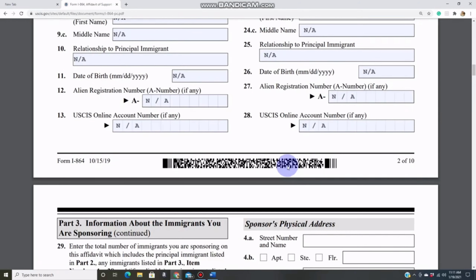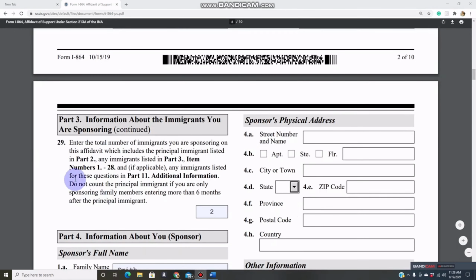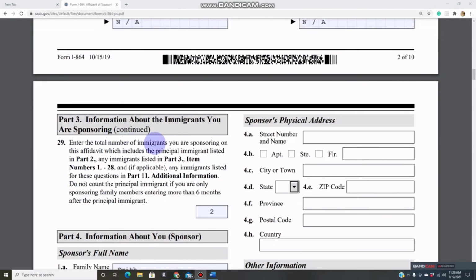So in number 29, enter the total number of immigrants you are sponsoring on this affidavit, which includes the principal immigrant listed in Part 2, any immigrants listed in Part 3, items 1 to 28, and if applicable, any immigrants listed for this question in Part 11, Additional Information.